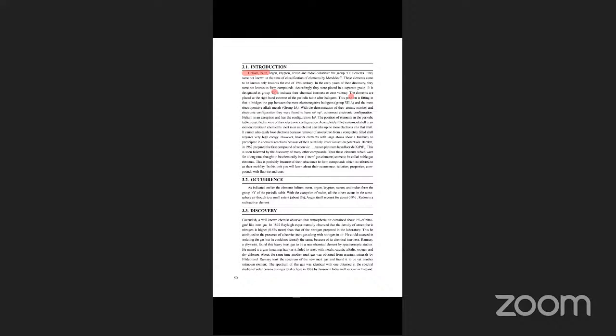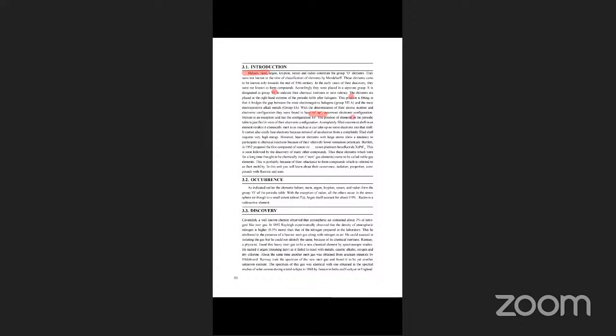With the determination of their atomic number and electronic configuration, they were found to be ns2 np6 in the outermost shell. Helium is an exception and has the configuration 1s2. Only helium is 1s2. The remaining are 2s2 2p6, 3s2 3p6, 4s2 4p6, 5s2 5p6, 6s2 6p6.